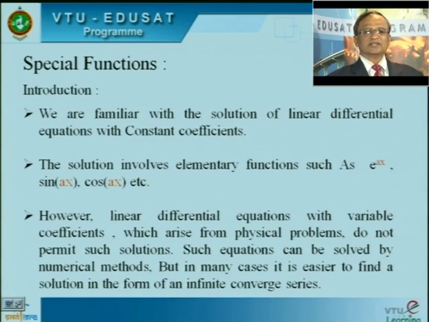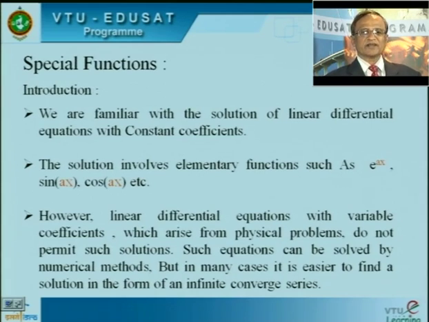Here also they may give a differential equation, and we must be able to identify whether the given equation is a differential equation or not. But here the coefficients may not be constants; coefficients may be variables, and coefficients may be polynomials. In all these cases, how do we find the solution of the given differential equation?